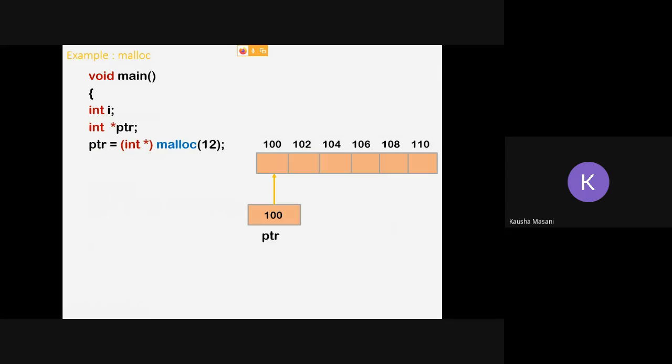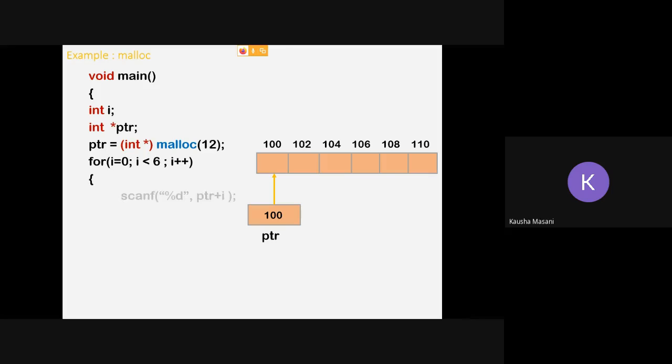Let me show you one example. This example you have to implement. For example, void main, integer i, integer star pointer, and for that pointer I'm giving size 12, so integer star malloc 12.